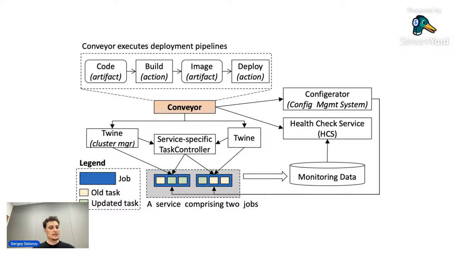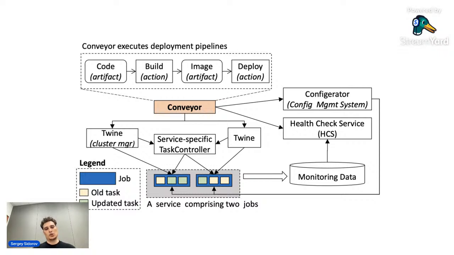It is integrated with the cluster management software. So essentially, if we want to deploy something using a staged rollout, the way it typically works is we select some representative tasks that are running a particular service. We roll out the new version of the code or config to those nodes.